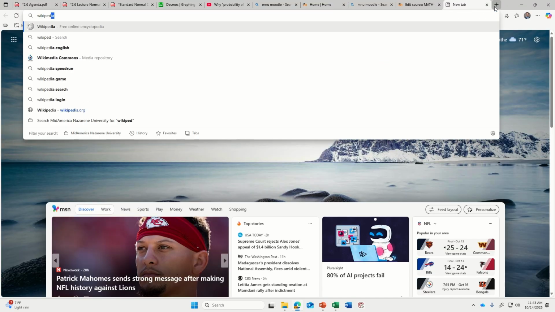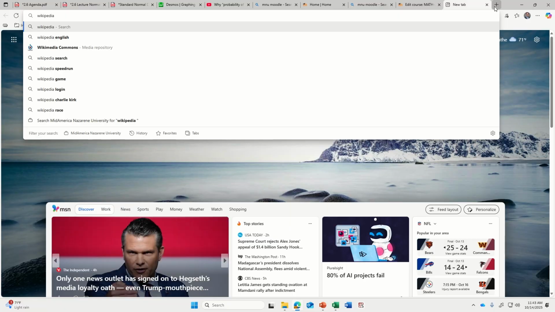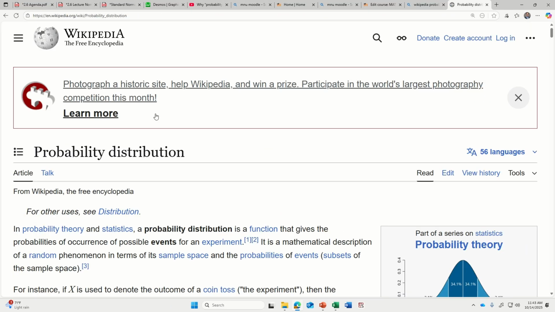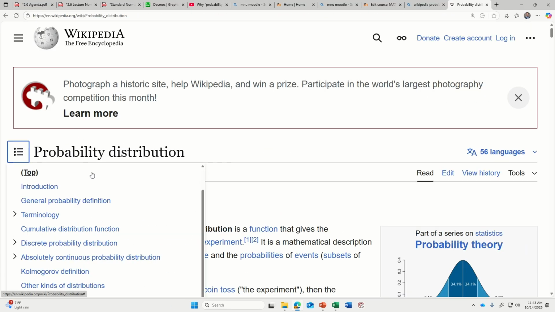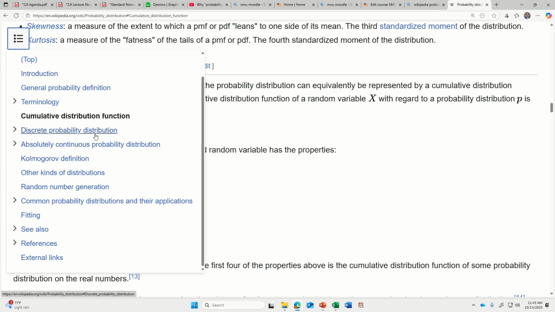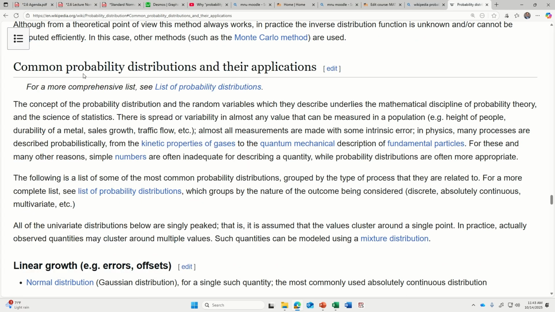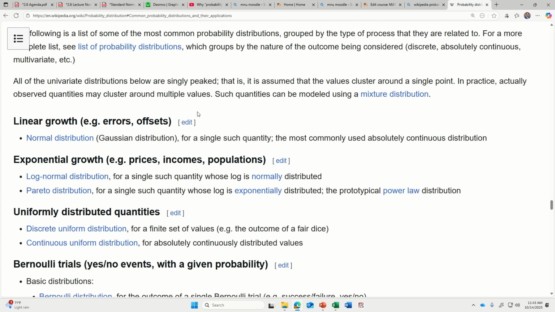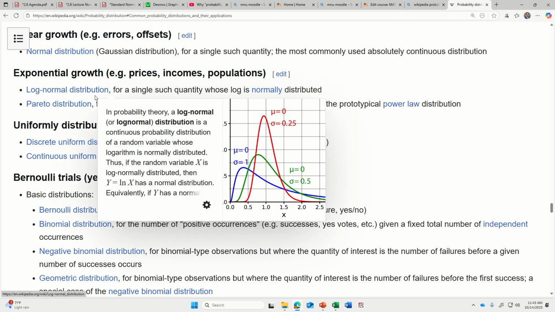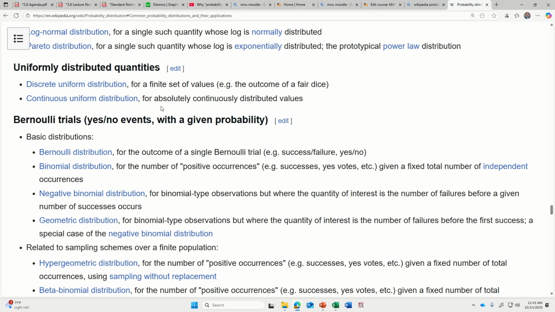If I were to go to Wikipedia and look up common probability distributions and their applications, we could have a log normal distribution, a Pareto distribution.